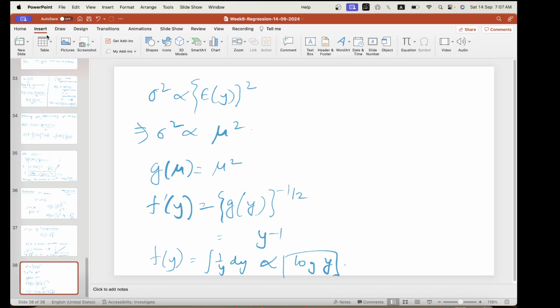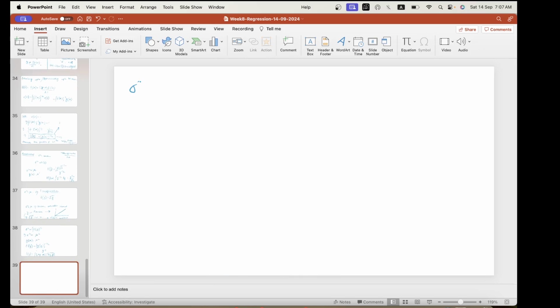Moving on, if sigma square is proportional to, let's say, mu to the power 4, then what do we have?